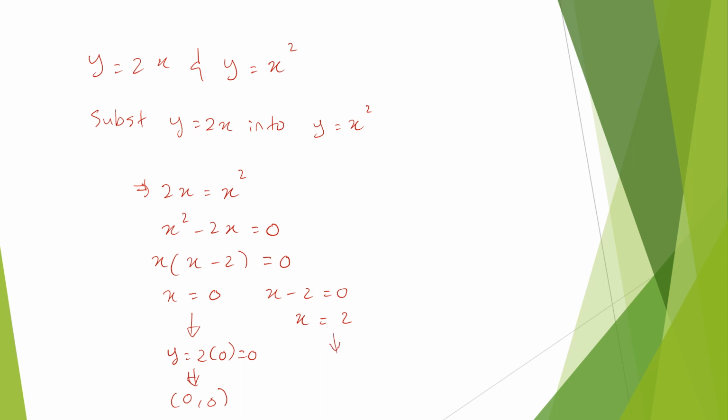When x equals 2, y equals 2 times 2, which is 4, so the coordinate is (2, 4). So we have two intersection points here.